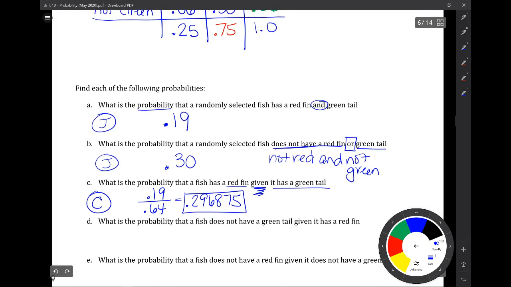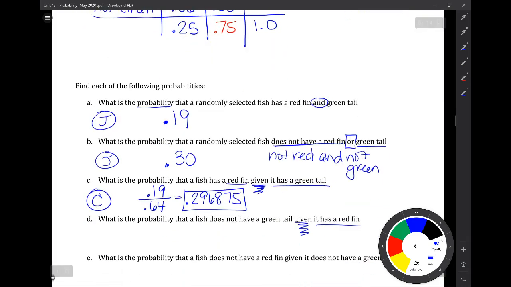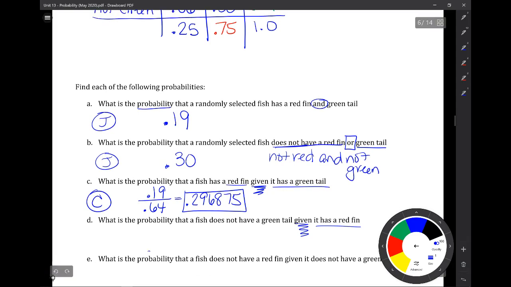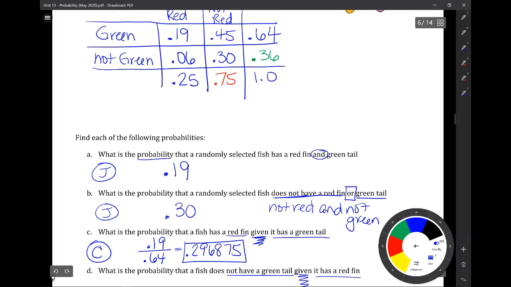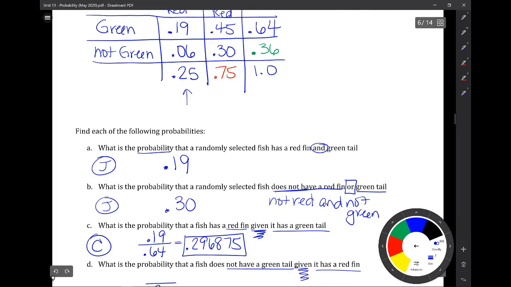So we're going to do something similar in letter D. What is the probability that a fish does not have a green tail given it has a red fin? So go up to your two-way table, find your red. Your red total is 0.25. Out of those 0.25, what's the probability it is not green? So out of this category here, the probability it's not green is 0.06.